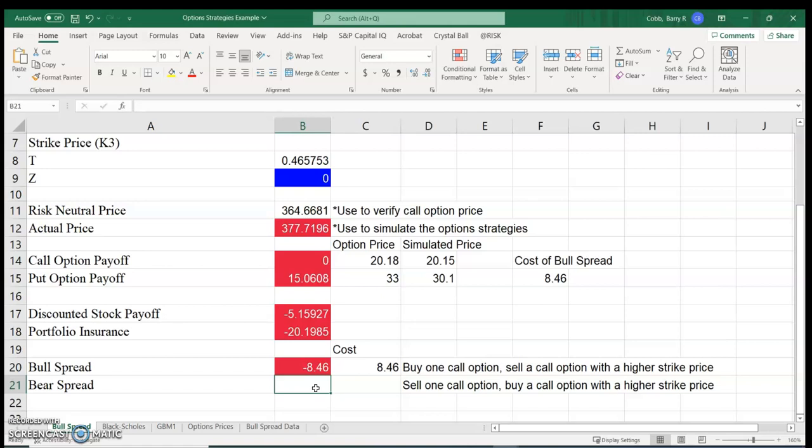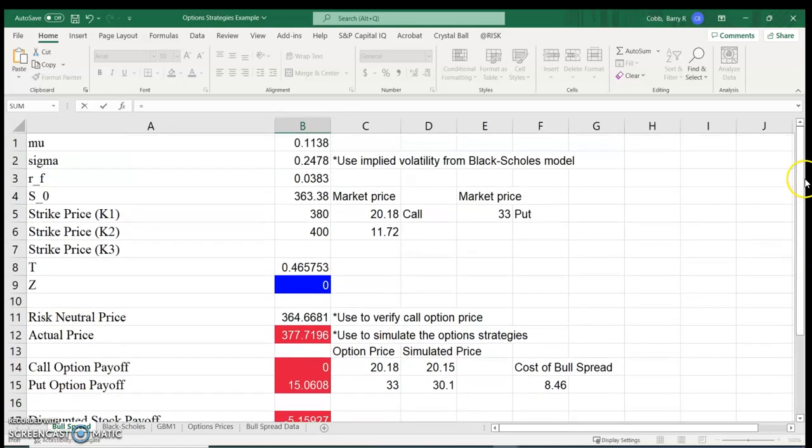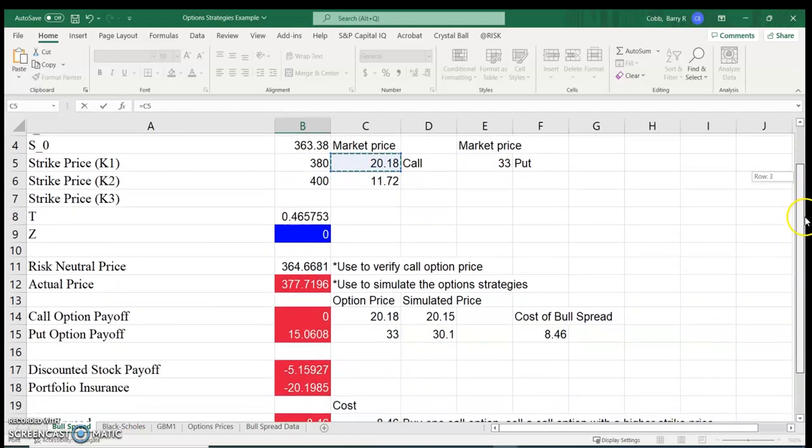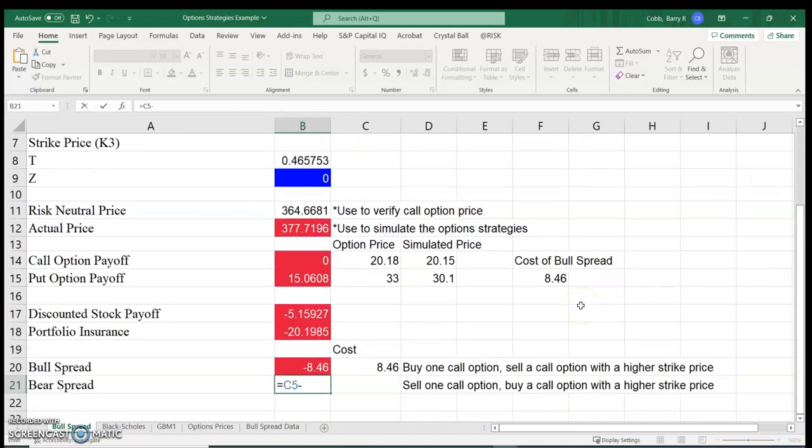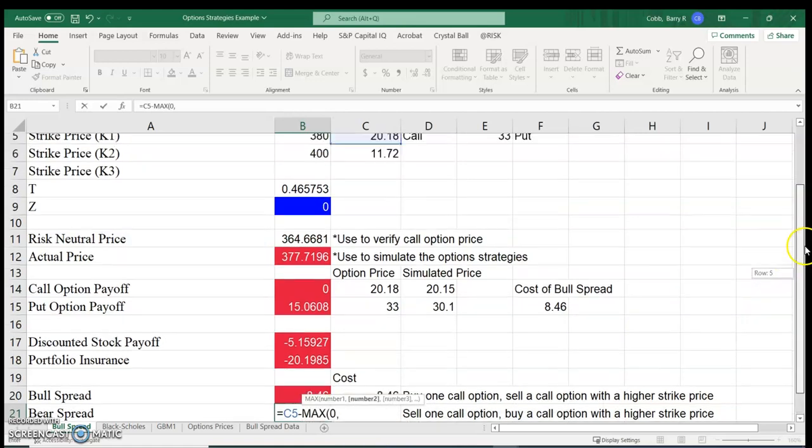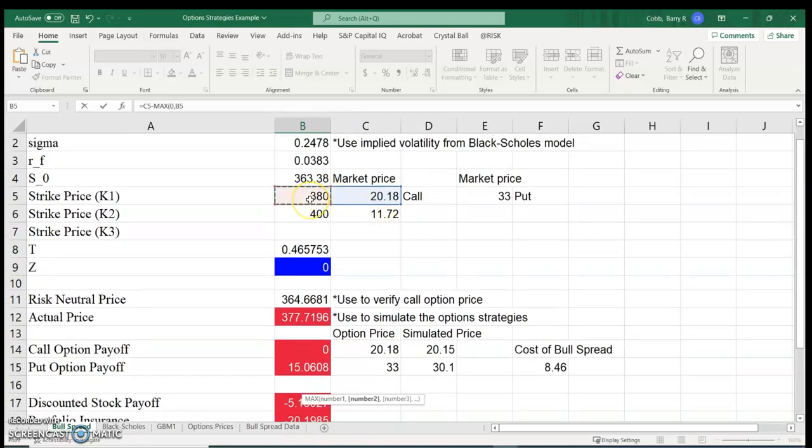For the option that we're selling, we would receive the purchase price. We're going to sell the option with the lower strike price, so we'll receive $20.18. Then, because we're selling the option, we would have to pay out the payoff for this option. So we subtract the payoff, which is the future stock price minus the strike price.